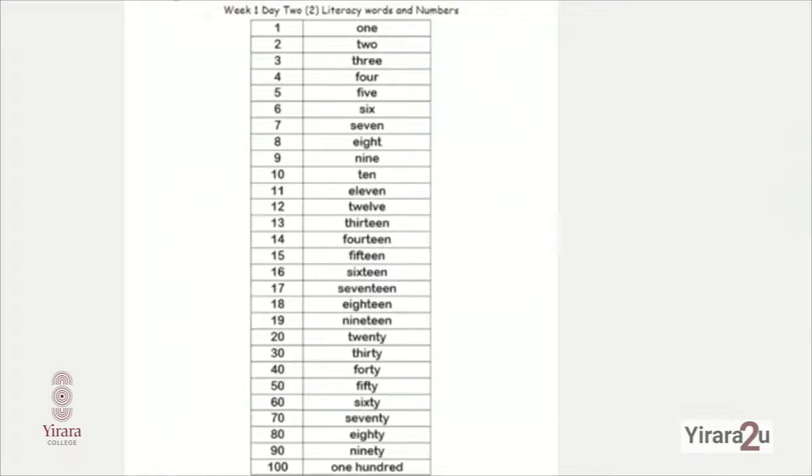So let's have a look at the literacy words and numbers. All the numbers go down the side here with the words for the numbers written as you can see. 1, 2, 3, 4, 5, 6, 7, 11, 12, 14, 18, 19, 20, 30, 40, 50, 60, 70, 80, 90 and 100.